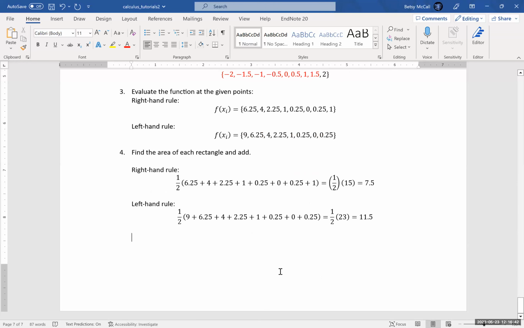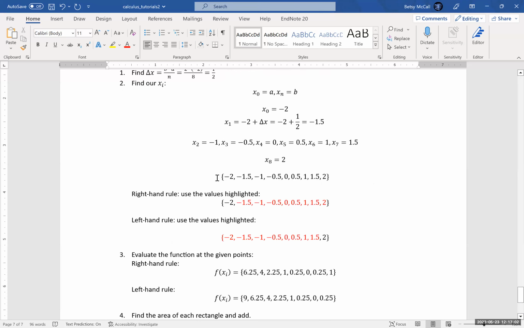So for the midpoint rule, start with the same endpoints of each of the subintervals, each of the regions.